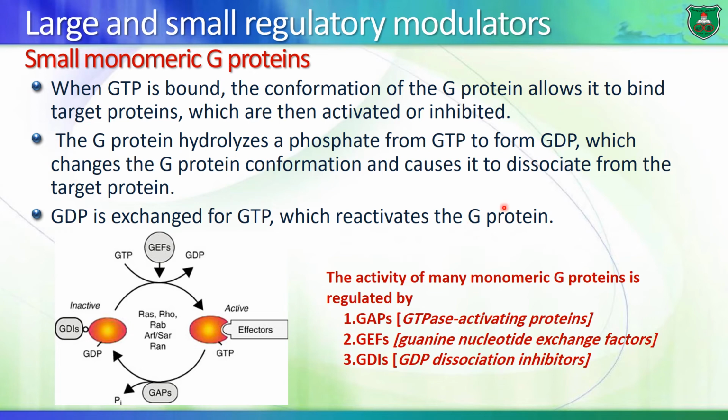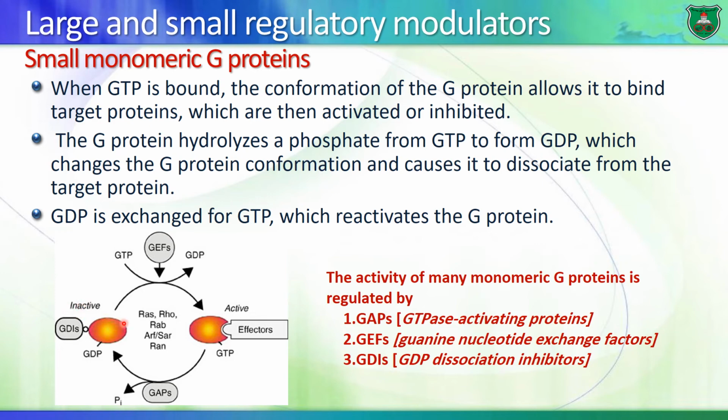Now what happens with these proteins, and they include RAS, Rho, RAB, and other proteins, and we already covered some of these proteins in the molecular biology course and the cell biology course. So these proteins are usually associated with guanosine diphosphate, and they are inactive.